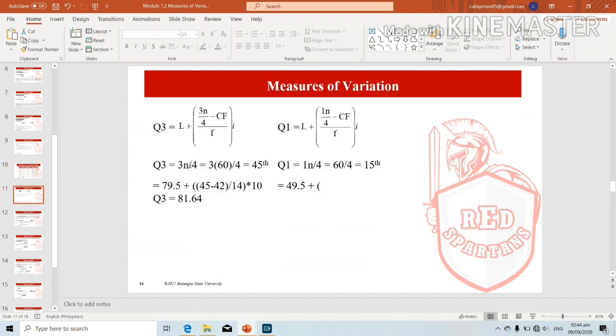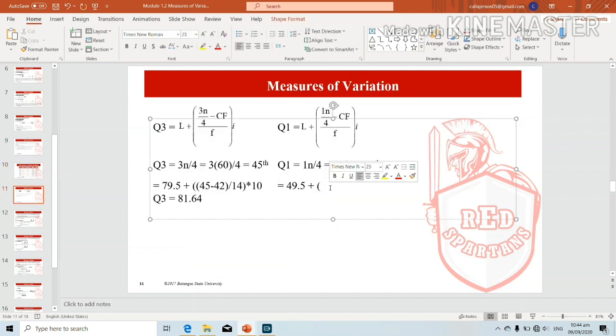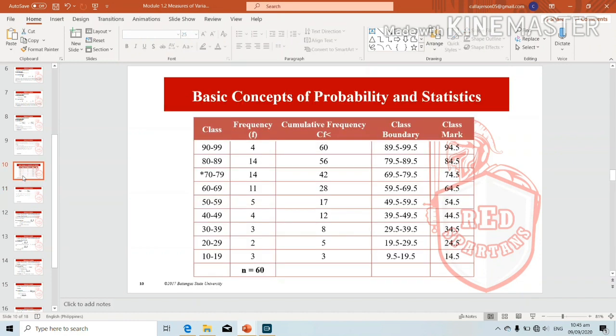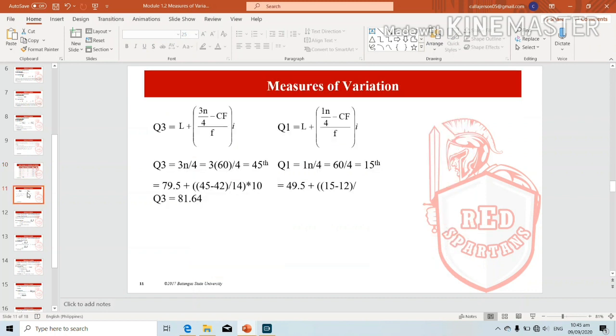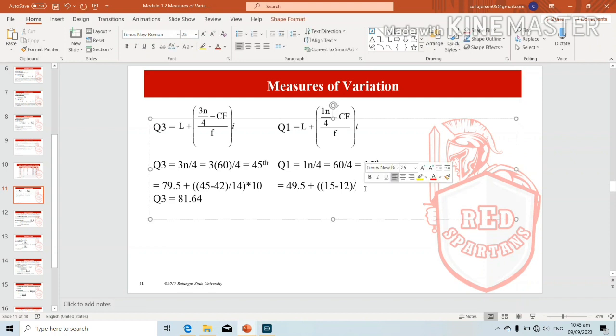So, ibig sabihin dito, 15 minus 12 over, ano yung frequency ng 50 to 59? 5, over 5, multiply sa class interval natin na 10.